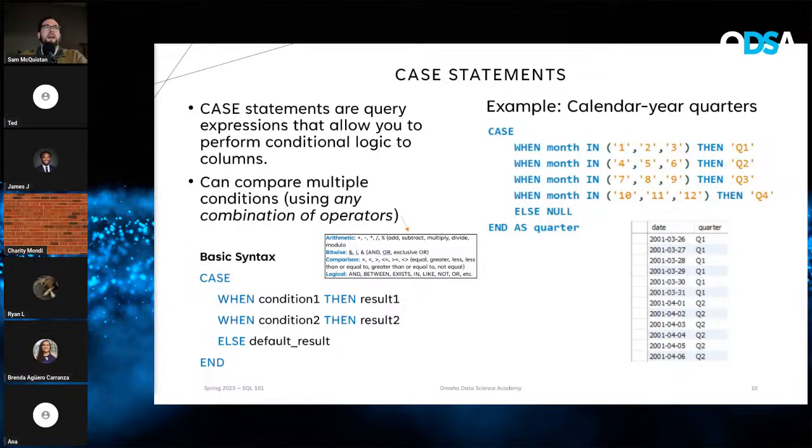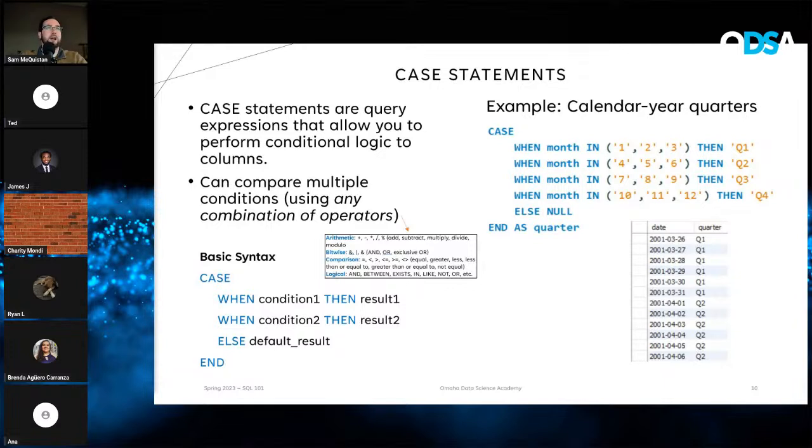So a good example of this is where you might want to do calendar year quarters. We know that there's 12 months in a year, right? And when we talk about financial quarters, generally quarter one is January, February, and March. Quarter two is April, May, June.